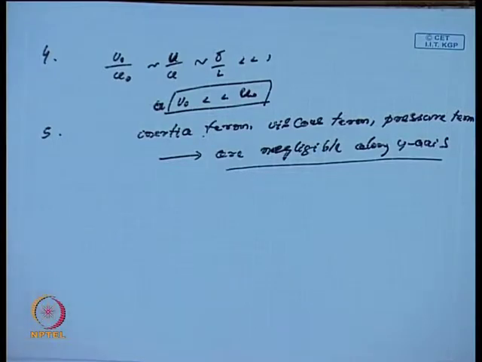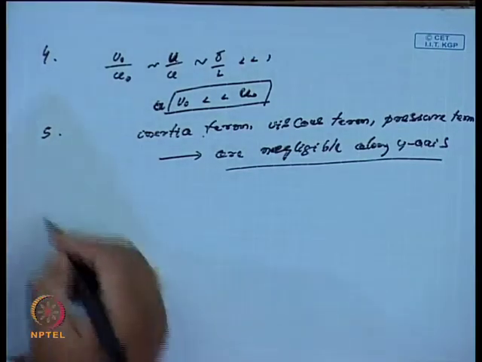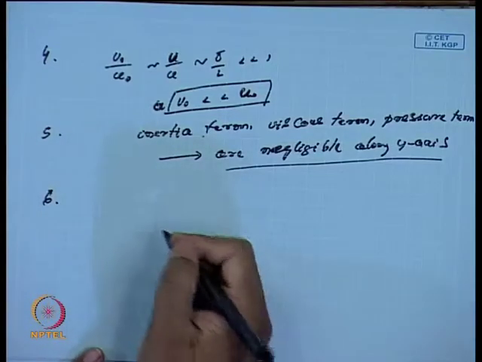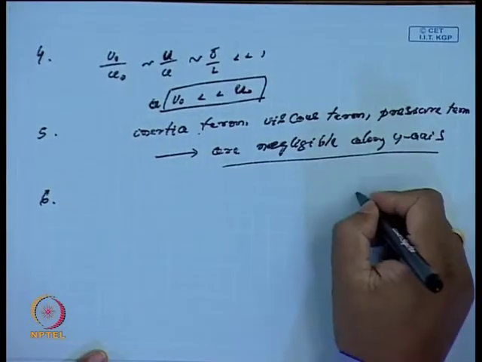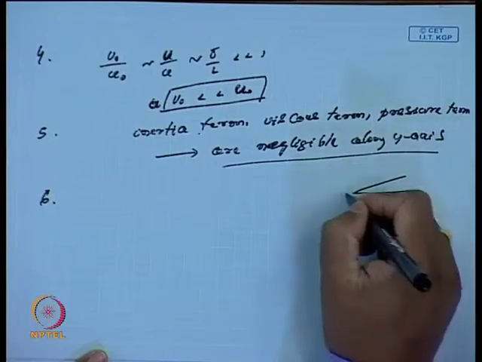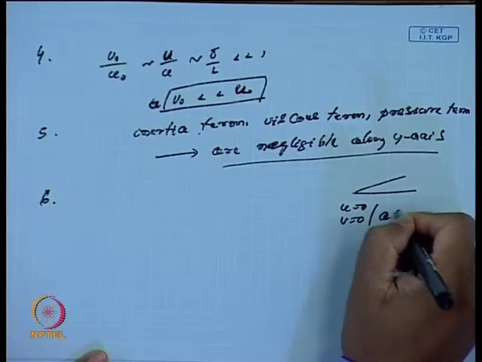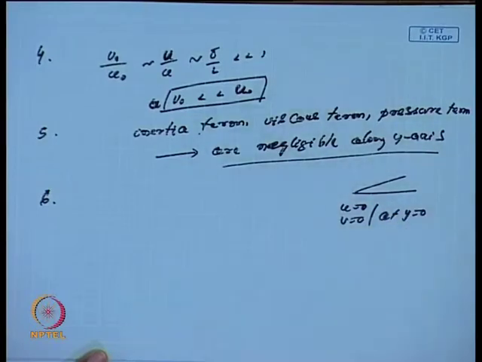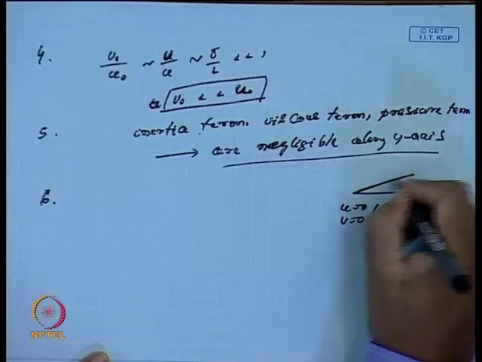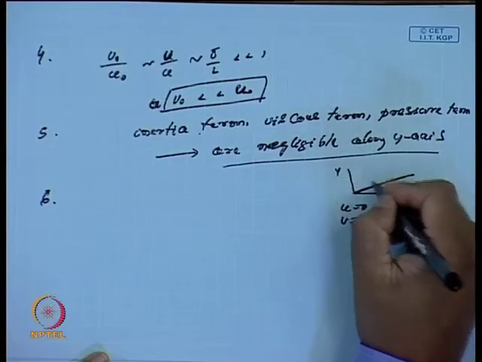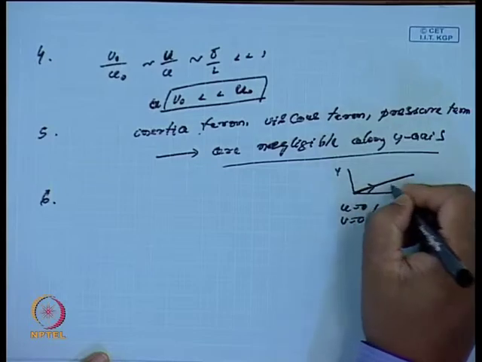So, these are some of the observations we have. Then another observation: when we looked at this problem, we took u equal to 0 and v equal to 0 at y equal to 0, and the flow is along the x axis, this is y, this is along the x axis.